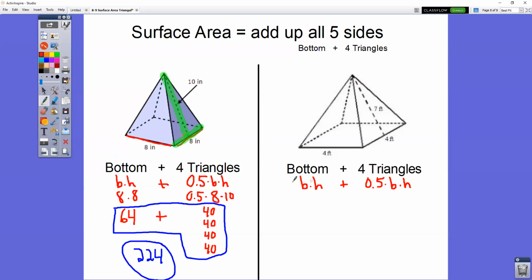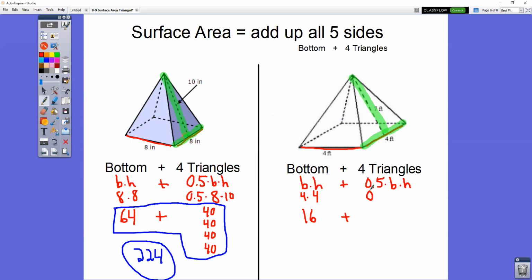So when we take a look at this one, on the bottom, we have our square. One side is 4, the other side is 4. Those are always going to be the same because we're dealing with a square. So 4 times 4 gives you 16. Plus, we have our 4 triangles. The base of the triangle is 4. The height of the triangle is 7.